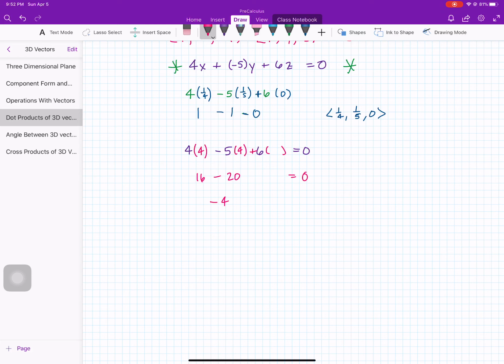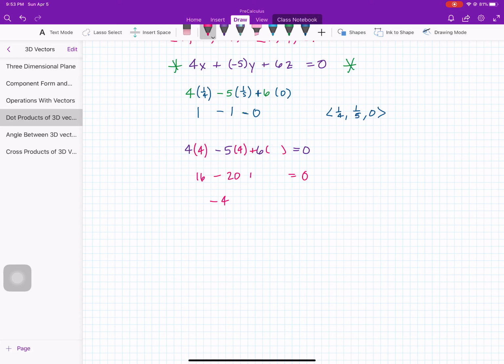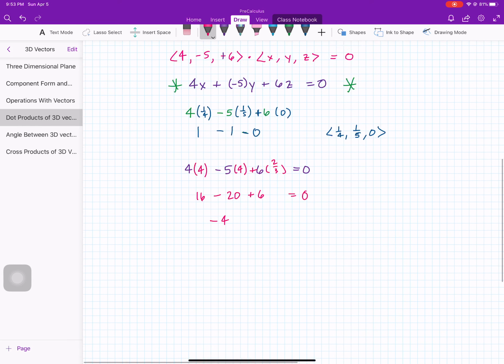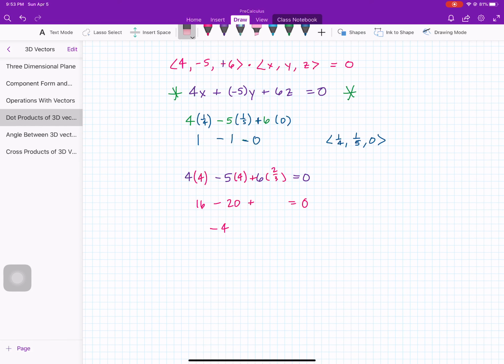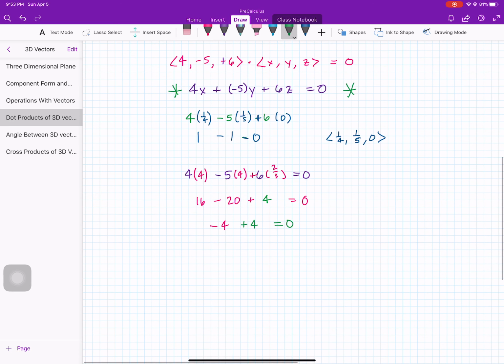So you would need to multiply 6 by something that would give you -4. Which would end up being 2/3. So another potential answer would be 4 and 4 and 2/3.